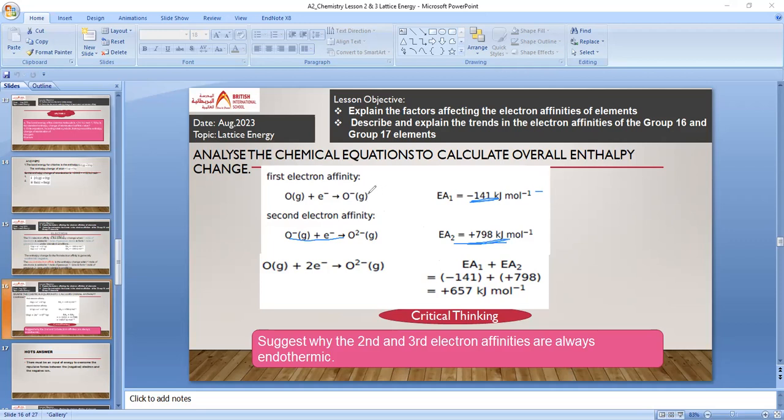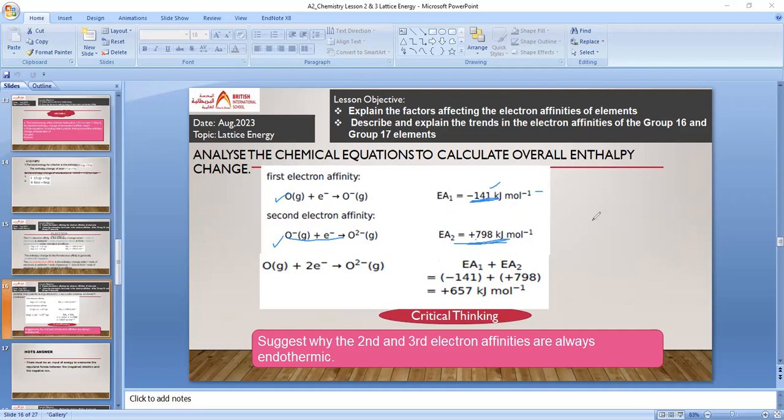Very good. But the atoms are the same: first is oxygen, second is also oxygen. So why is the first electron affinity exothermic and the second endothermic? Any reason? Because these are the same atoms.